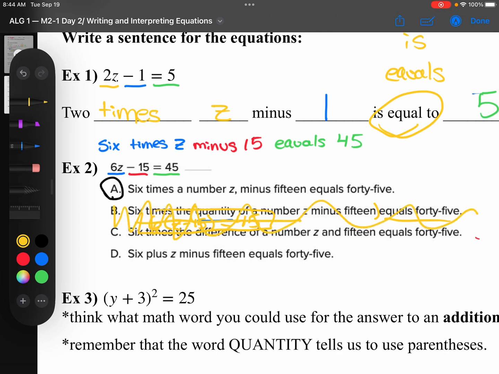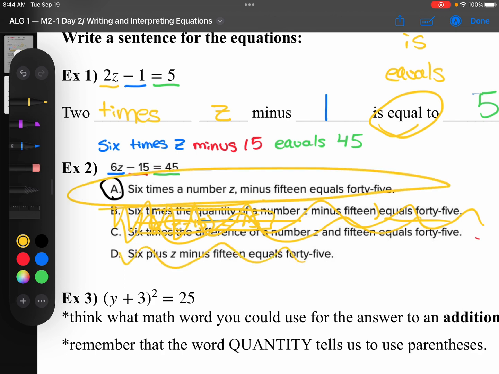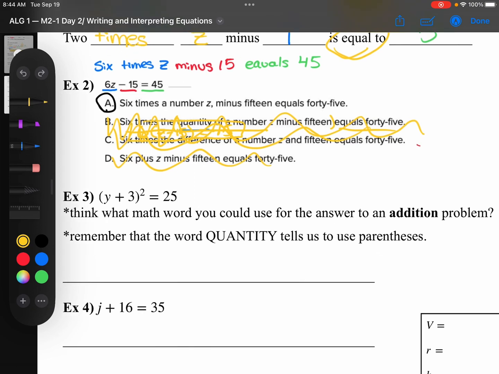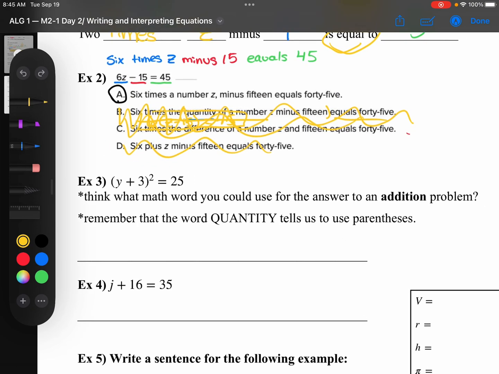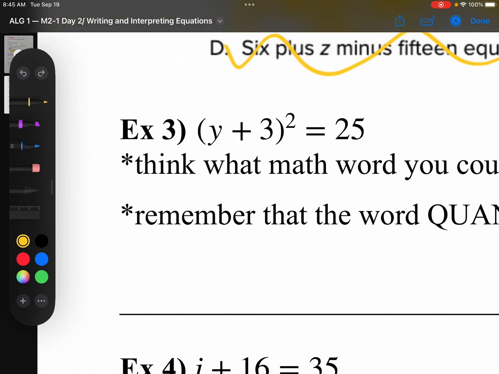So there's only one correct answer here, but I wanted to talk about why that's not the answer. So the correct answer would be A. What I would do on these is write it out yourself if it's multiple choice and then see which answer best matches yours, okay?